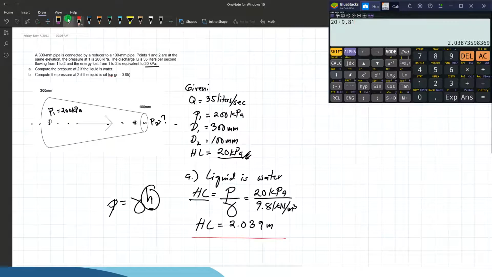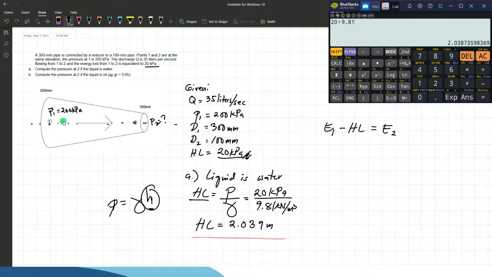Now, using the Bernoulli equation, we have here the sum of the energy at point 1 is equal to point 2. But since we have a given head loss here, we have to subtract the head loss from point 1, and it should be equal to the energy at point 2.